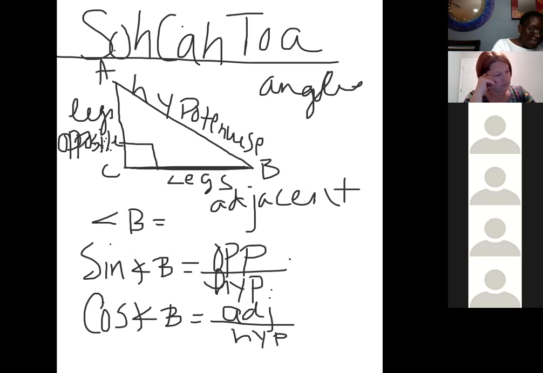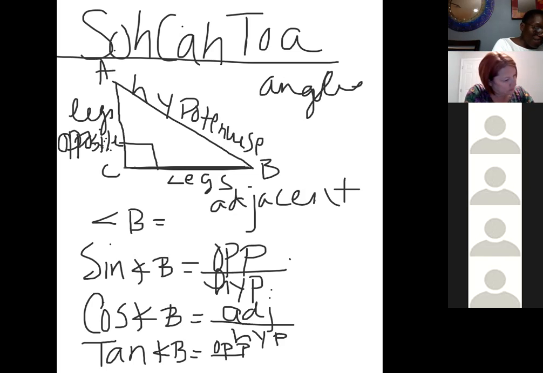And then finally, T stands for tangent of the angle B, which is the opposite side over the adjacent side. All right, guys. So I'm going to erase this, and then I'll show you an example.